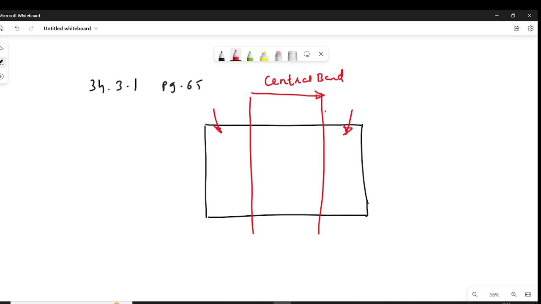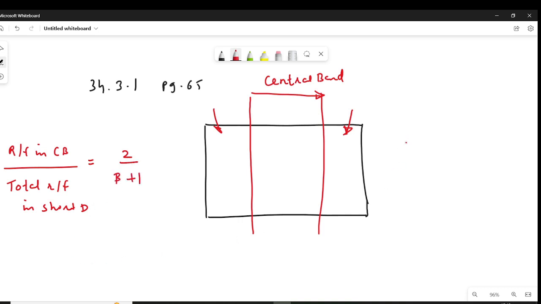So what does the code say? Reinforcement in central band divided by total reinforcement in the y direction, which is the short direction, equal to 2 divided by beta plus 1.